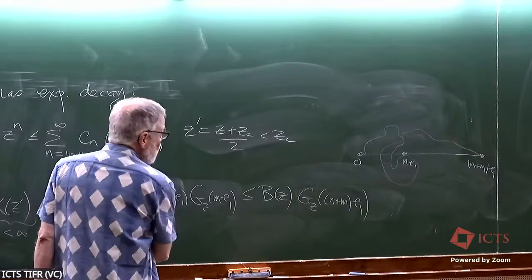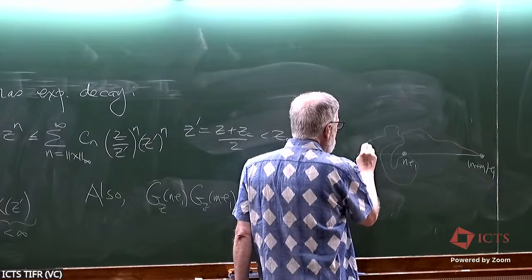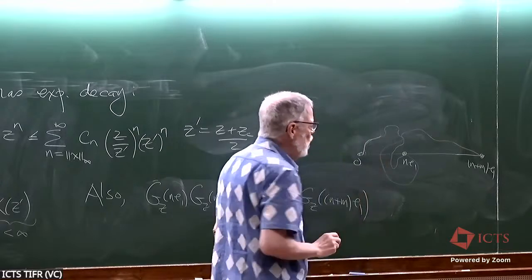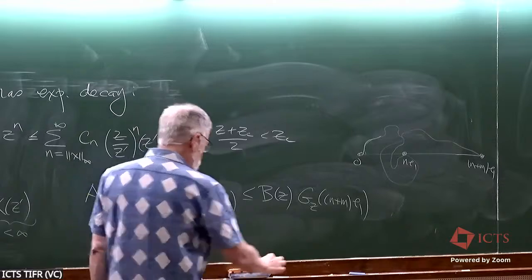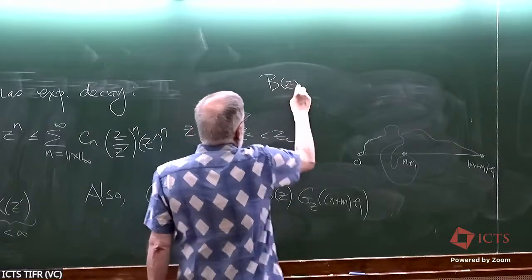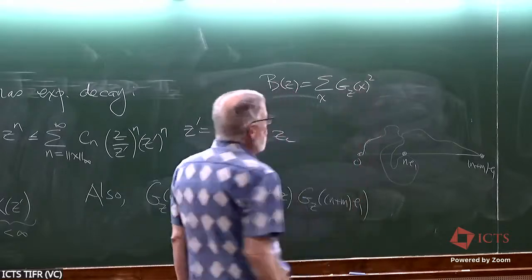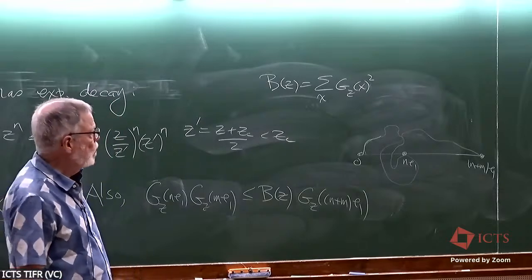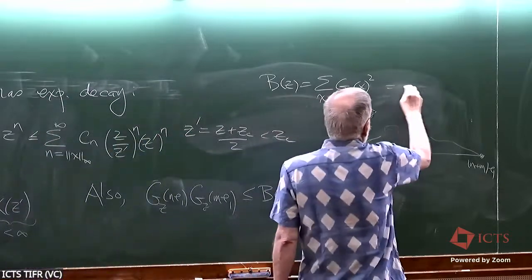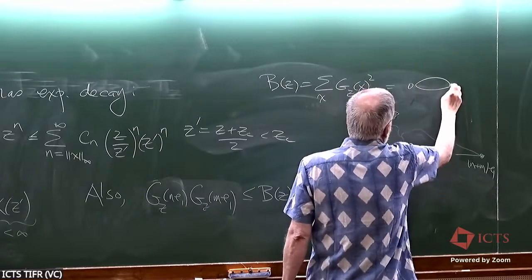So then what I'll do is just notice that this is like a product. Oh yeah, what is B? B is the bubble diagram. It's the L2 norm squared of the 2-point function. And so pictorially, it's this, where this is summed over.